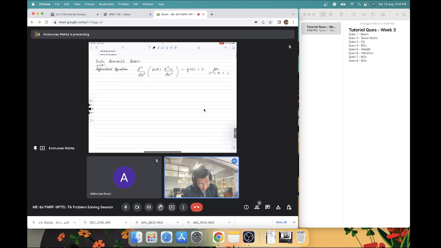Let me draw the figure. So this is a cantilever beam, and this cantilever beam is subjected to arbitrary loading.